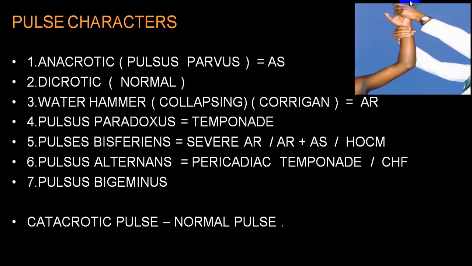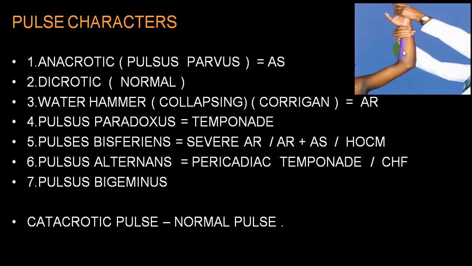Blood flows up, and during diastole all the blood will regurgitate back through the aorta into the LV, and that will produce a sudden collapse of the pulse, and this will be felt very nicely over the forearm.